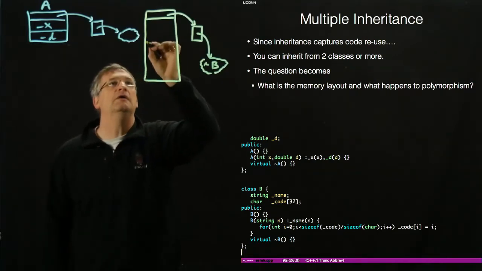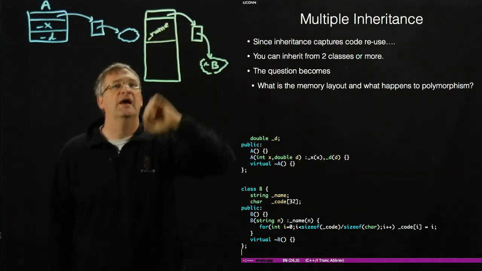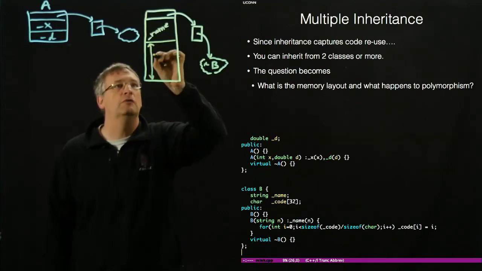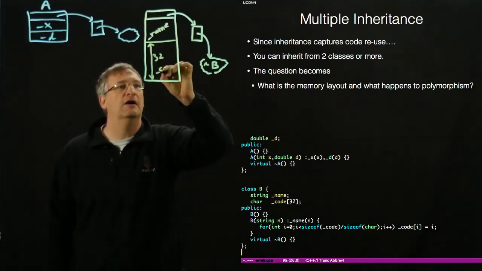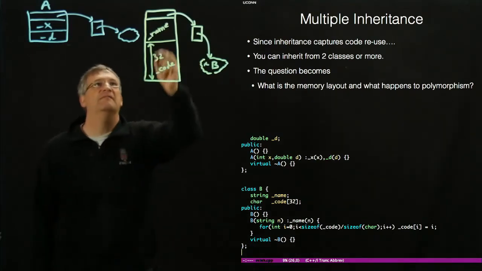There is a string called name, and then there is code, which is an array of 32 characters. That's what we have when we have a B.